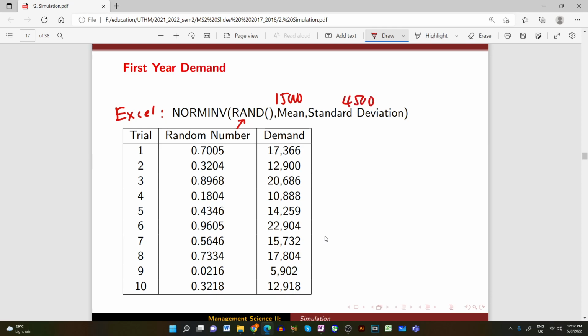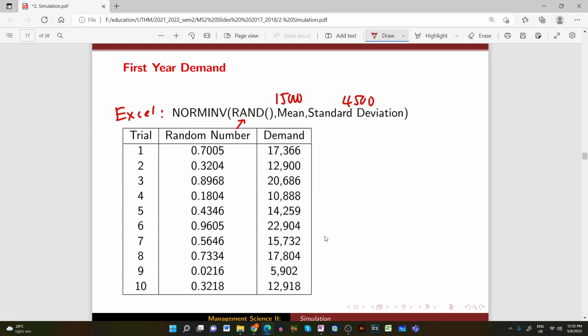When I put 15,000 and 4,500 into the standard deviation, and the number of random numbers is this one, I get all this demand here. I think this one you don't need to copy, it's already given there. Of course in the exam or in the test I won't give you like this.